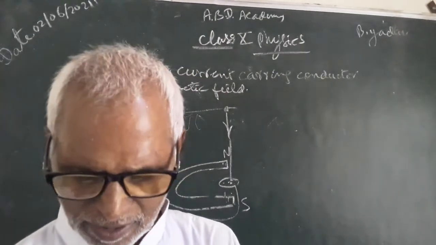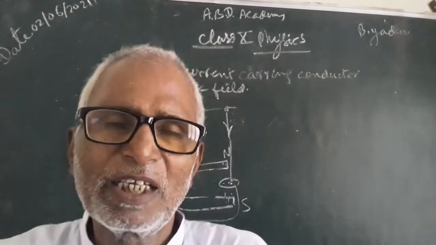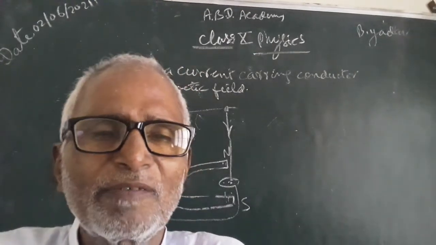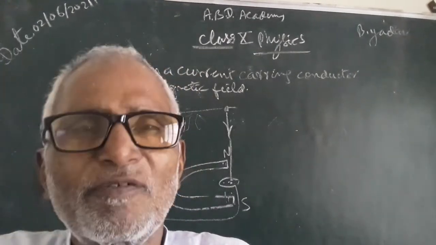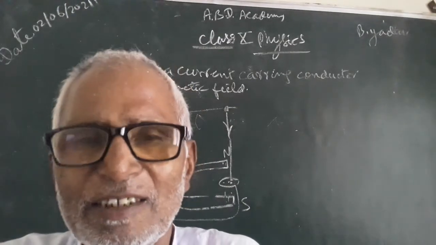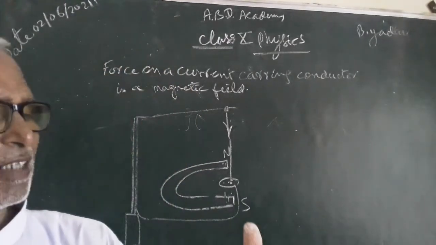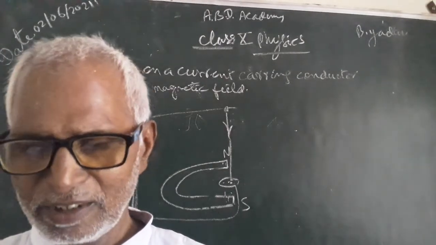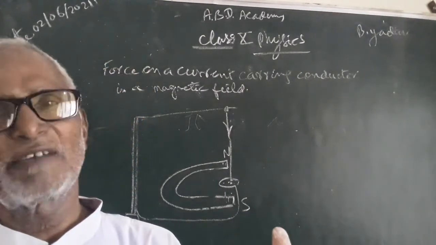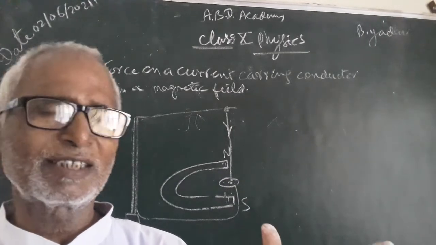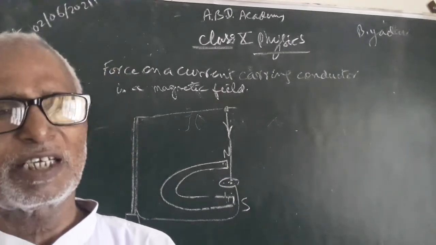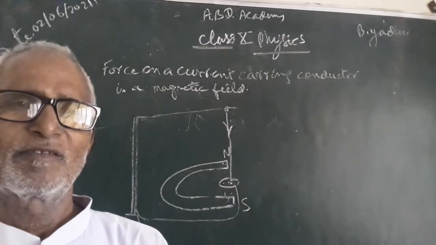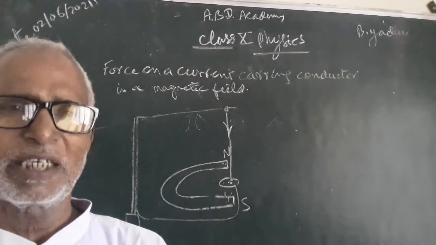So here I want to explain an important law given by Professor Fleming. He gave the left hand rule, Fleming's left hand rule, to understand the motion of a conductor with current when placed in a magnetic field.